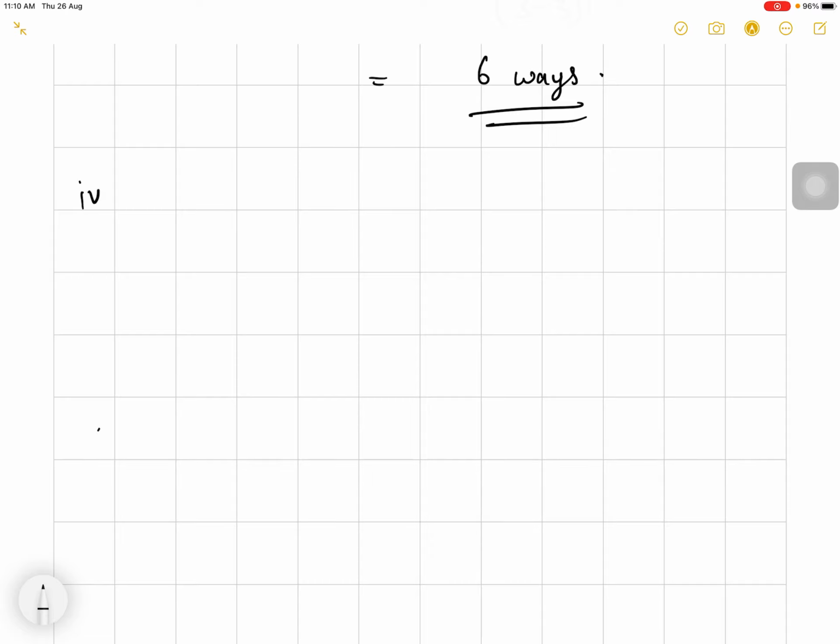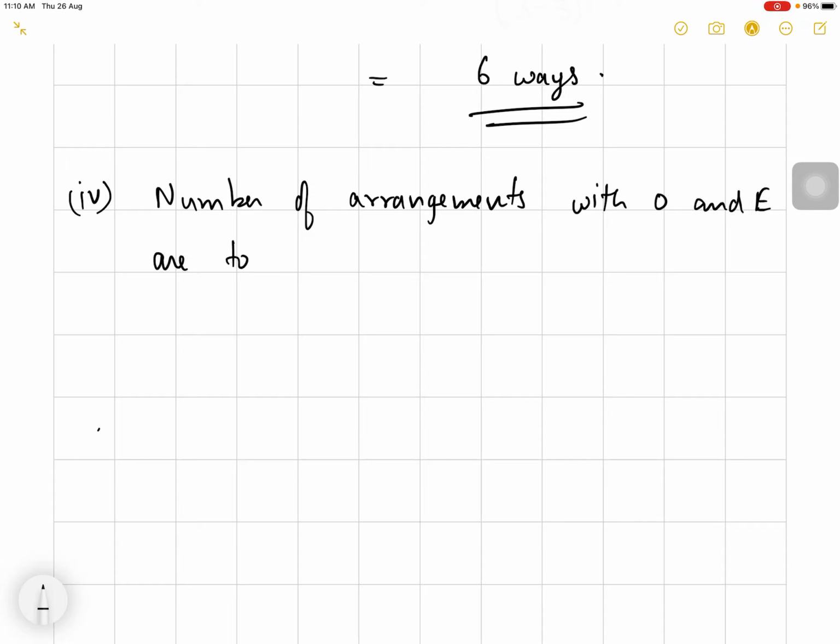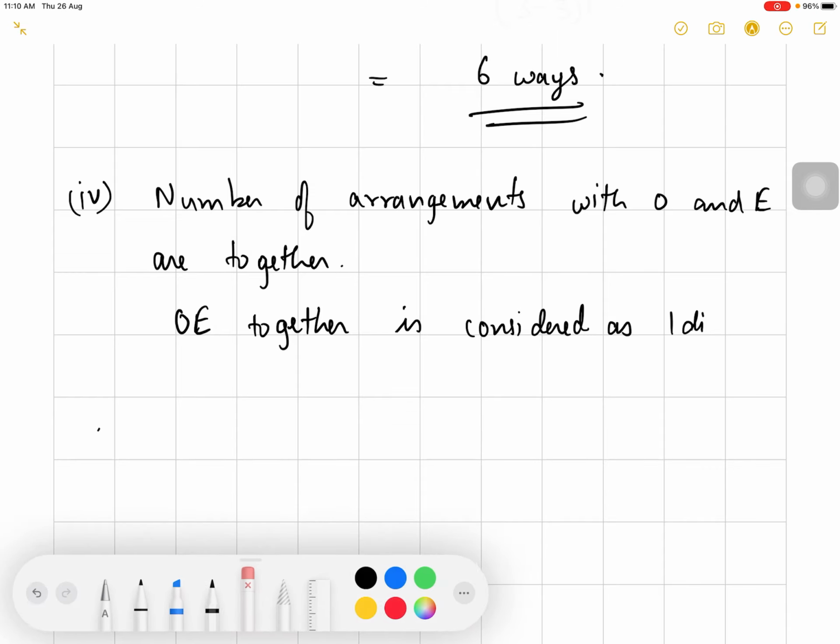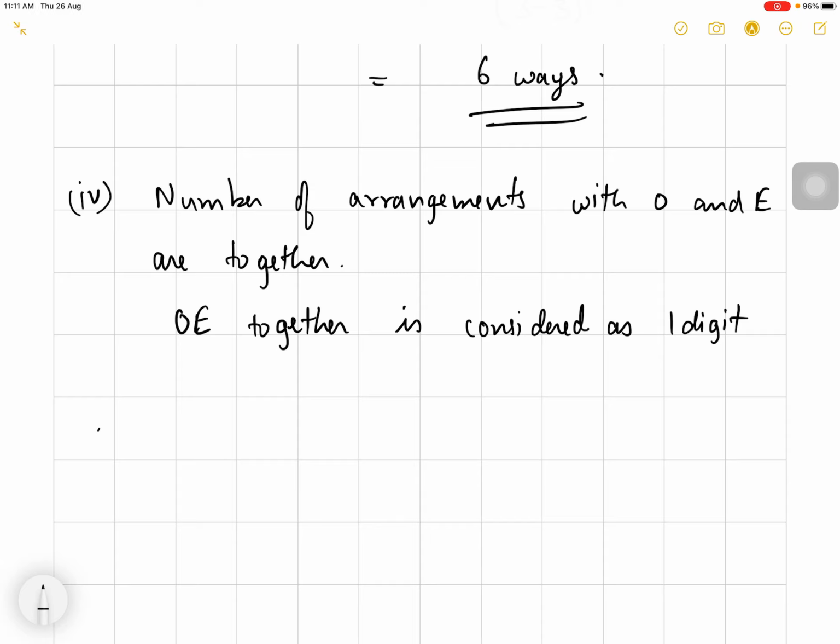So the number of arrangements with O and E together: OE is considered as one digit, so a total of 4 letters arranged in 4 different ways.